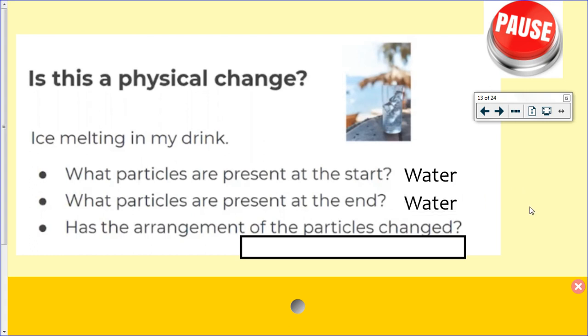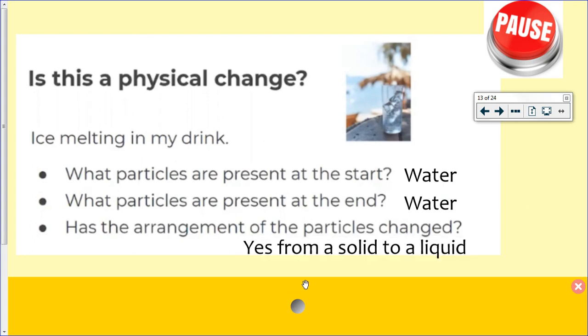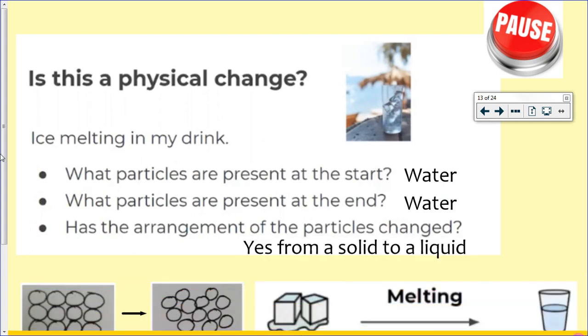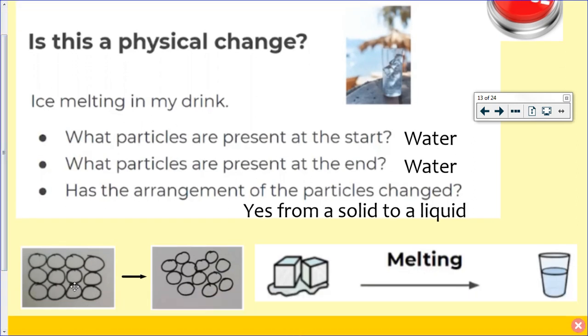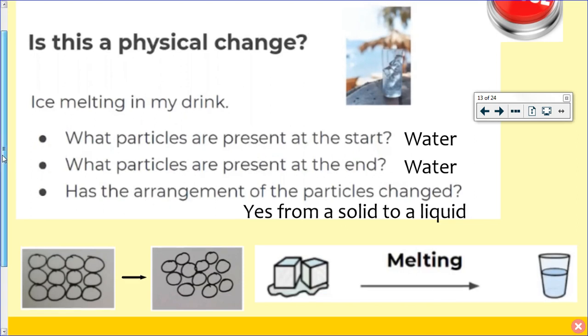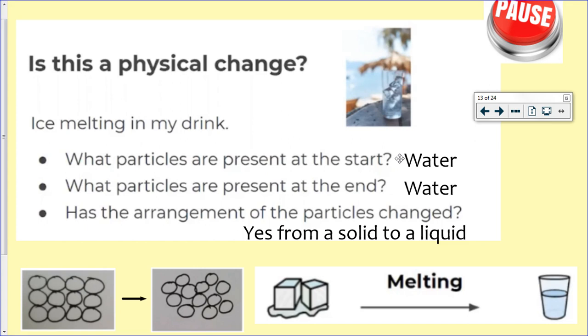So the particles have stayed the same again, but the arrangement has changed from a solid to a liquid. So we've changed from our solid particles, we've heated it up so it becomes a liquid, so this process is melting. This is a physical change because the particles are the same, just the arrangement is different.